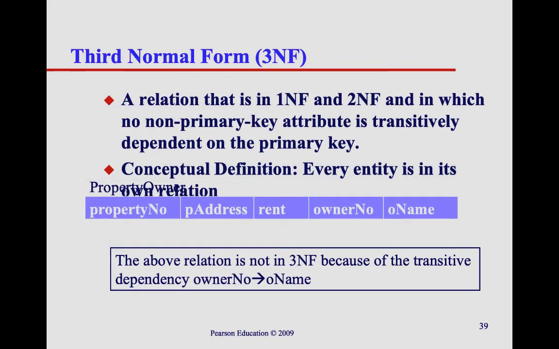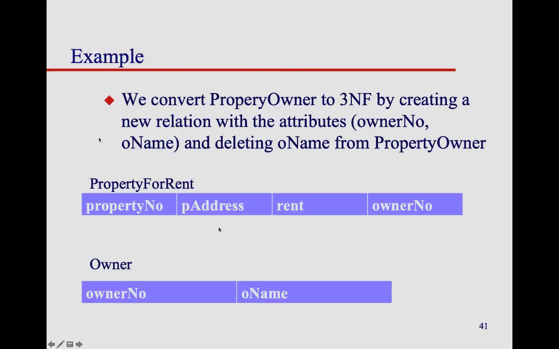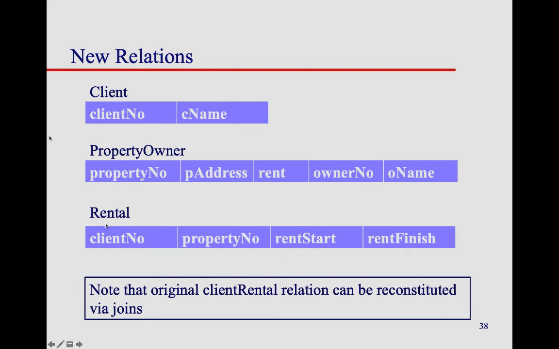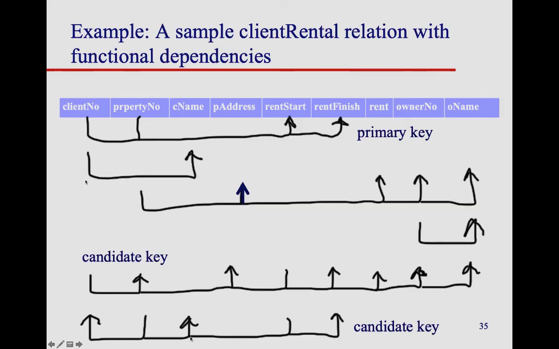In the final set of relations, one of them is rental, and it is the case that client number and rent start together determine property number and rent finish. It is also the case that property number and rent start together determine client number and rent finish. So in fact, these dependencies right here have been preserved.